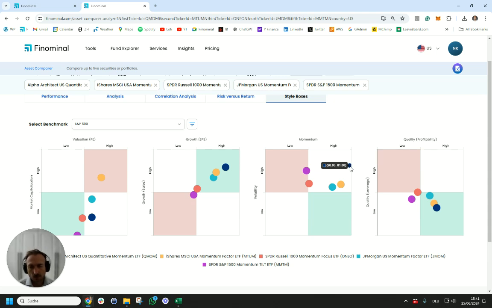And it's not only high momentum exposure, you're also getting high momentum combined with high quality in terms of low leverage and high profitability.